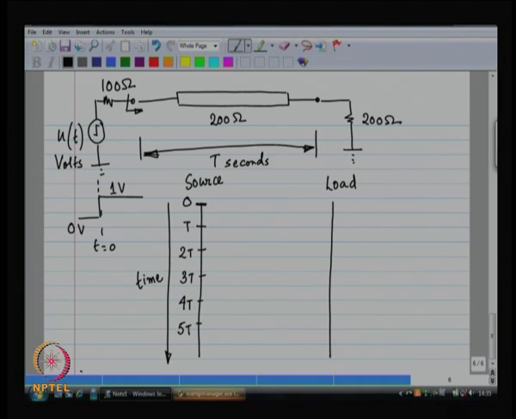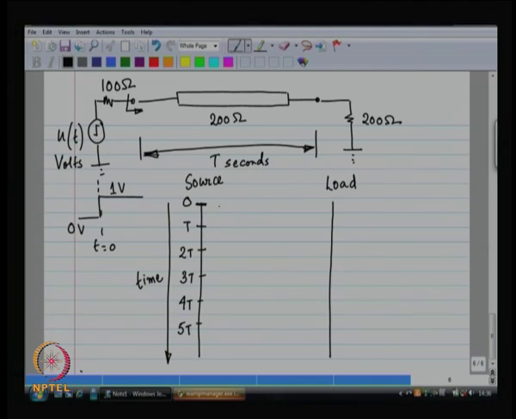So, this is how we do this computation. We put a bar for the source, one for the load, and we plot the waveforms as a function of time and distance. This wave from 0 to 1 volt is launched initially at the source.